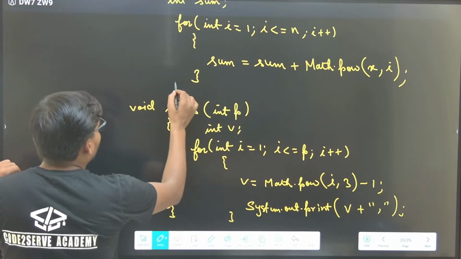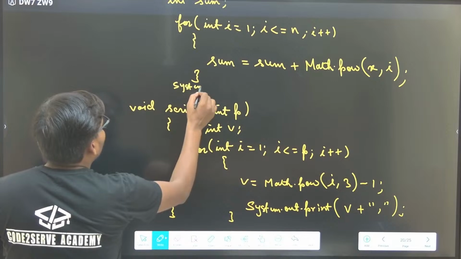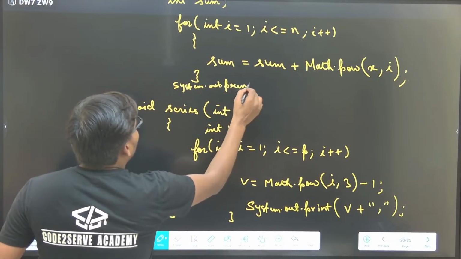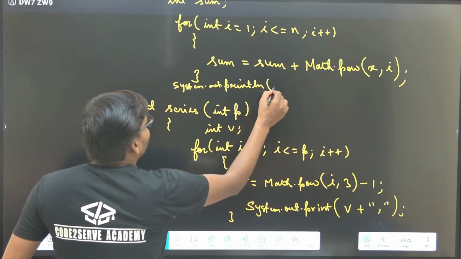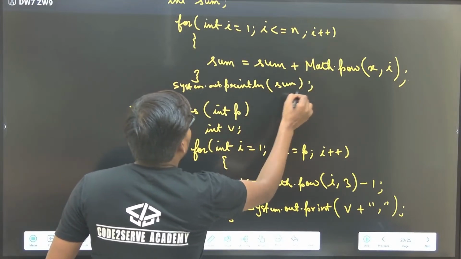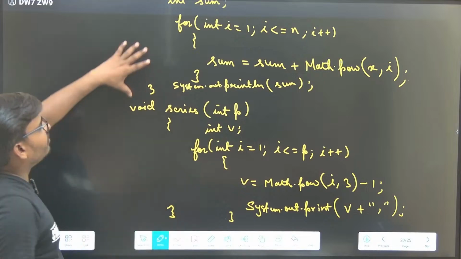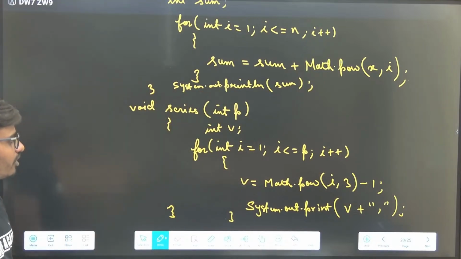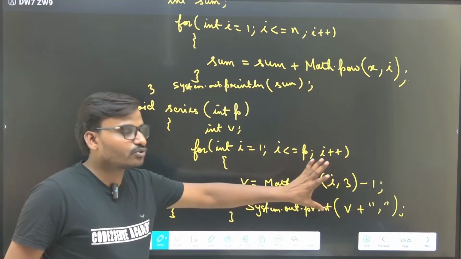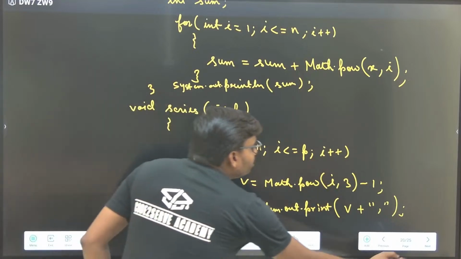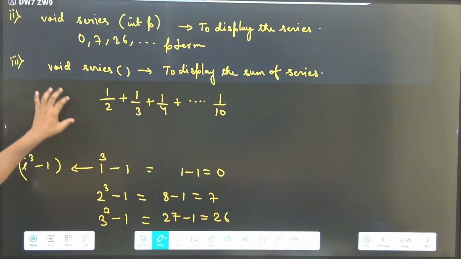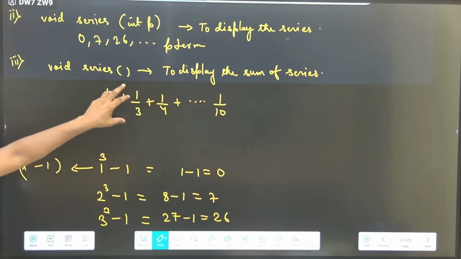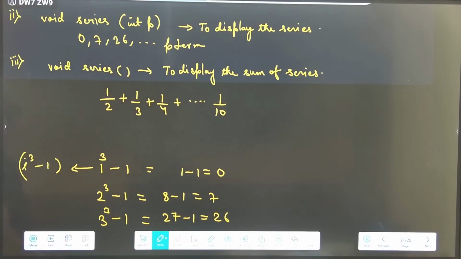We missed this part: System dot out dot println and the sum. In the previous function that we wrote, we just missed printing that sum. Here we were asked to print the series, so we printed that. And in the third function, if you see, you have been told to find the sum of this series, and you get no argument.